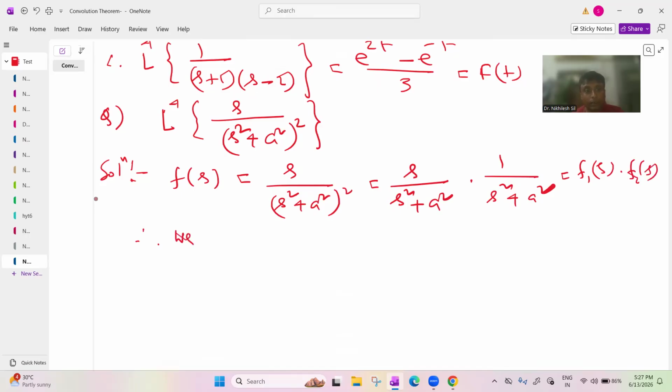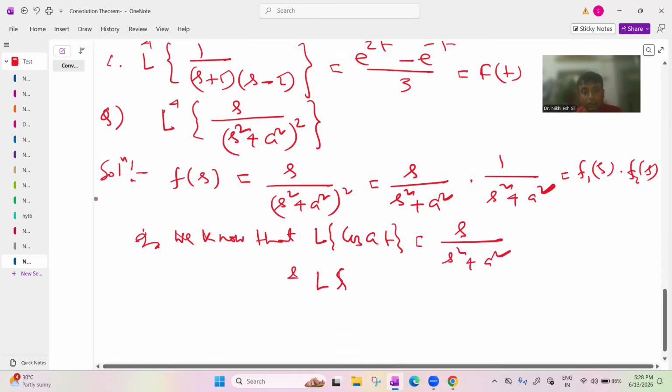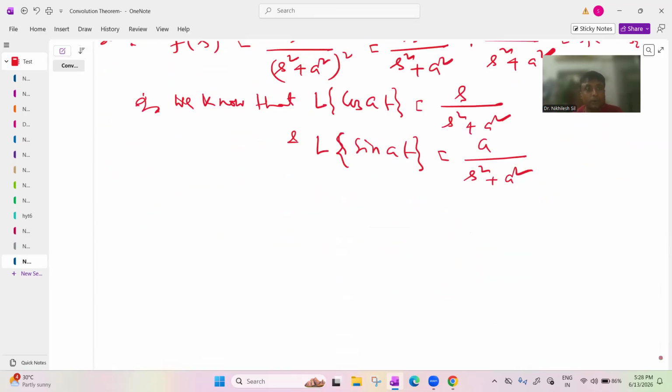We know that L of cos at is equal to s by s square plus a square, and L of sin at is equal to a by s square plus a square. Therefore, F1(s) is equal to s by s square plus a square, which implies f1(t) is equal to cos at.